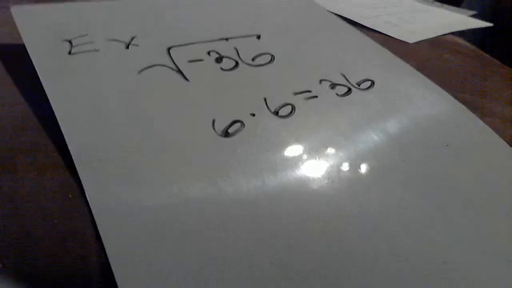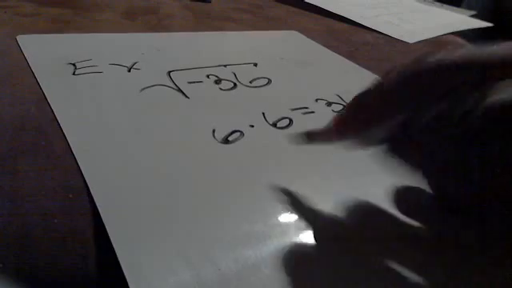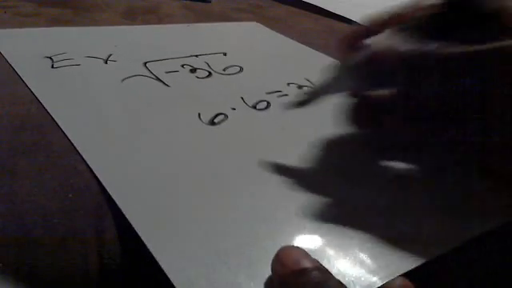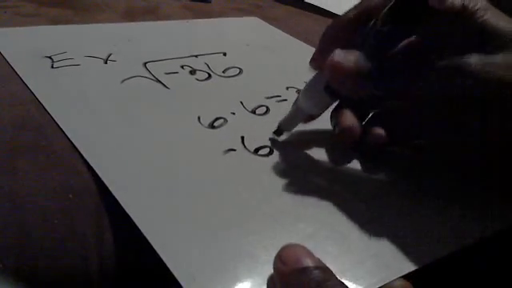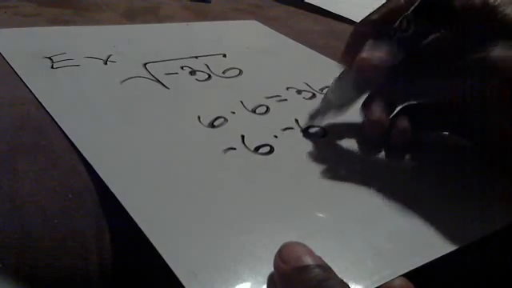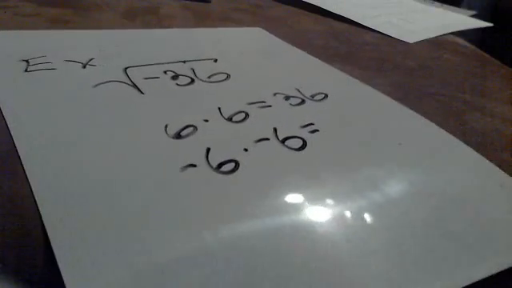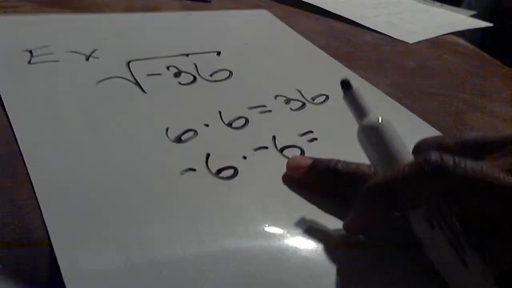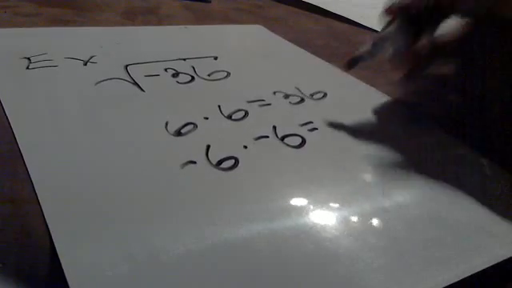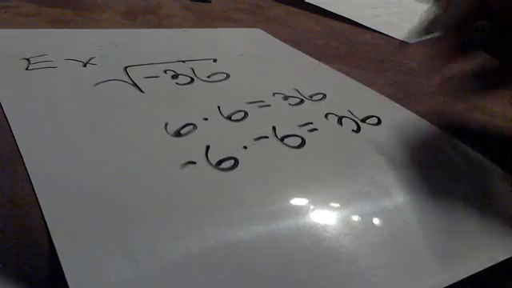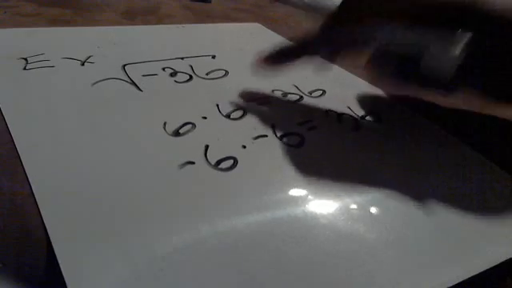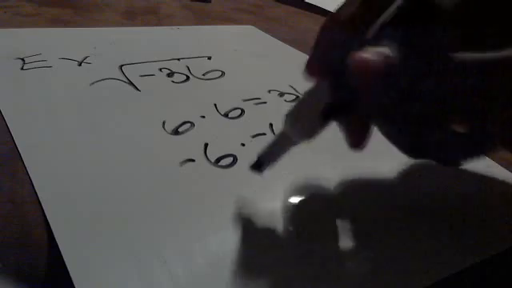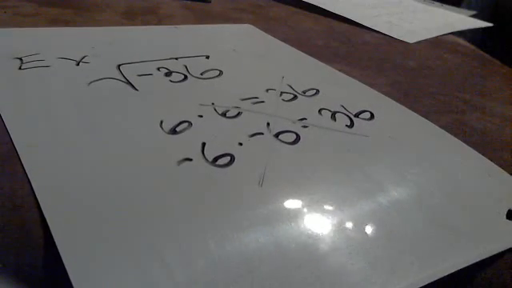That's a positive 36. But the number we're looking for is a negative 36. So 6 isn't going to do it. Another number you might be thinking of is negative 6. If we multiply negative 6 by itself, what do we get? Well, a negative times a negative will necessarily give you a positive. So that is going to be equal to 36. And again, that's not what we want here. What we want here is a negative 36. So both of these will not work.